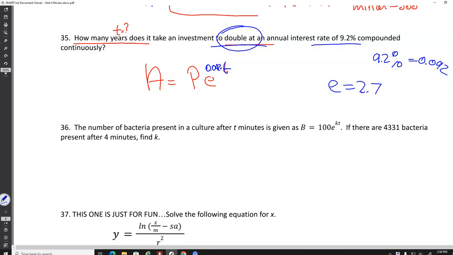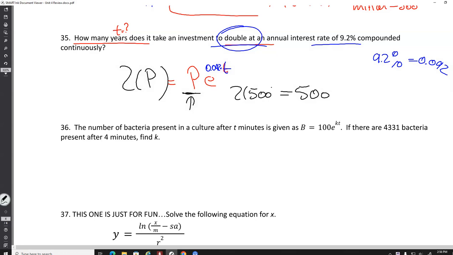So I can't have other variables. But what I do know is that whatever amount I'm going to have here will double. That means I'm going to have 2 times whatever the amount is. So I can substitute the A with 2 times P. Let's just say if I have 500, I want double of 500 on this side. So whatever the amount is, I can do 2 times that P.